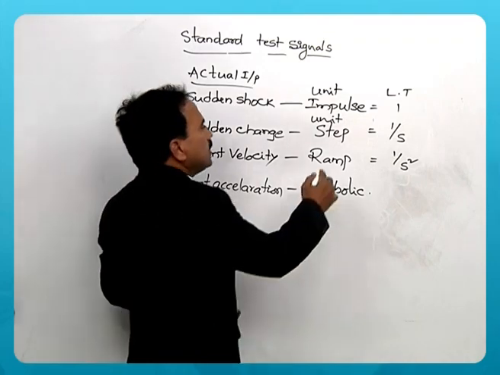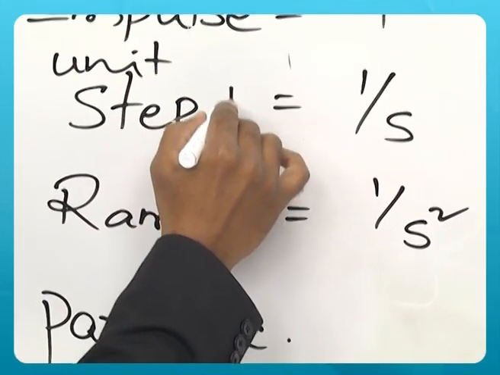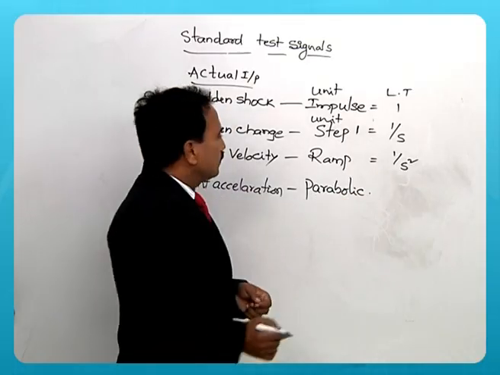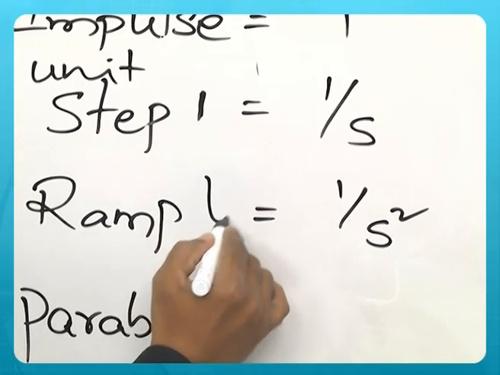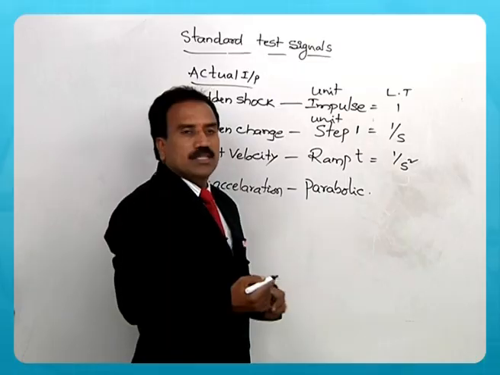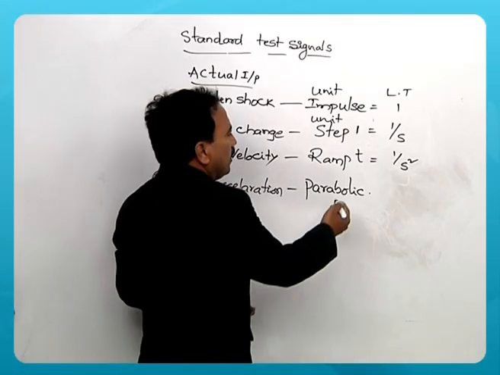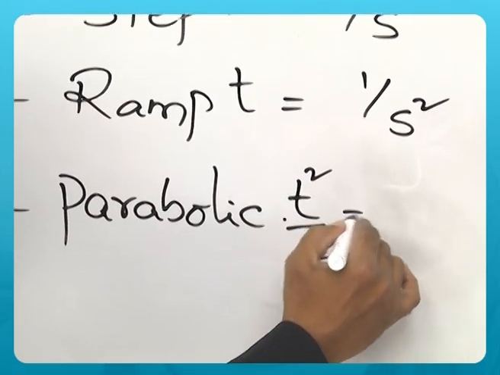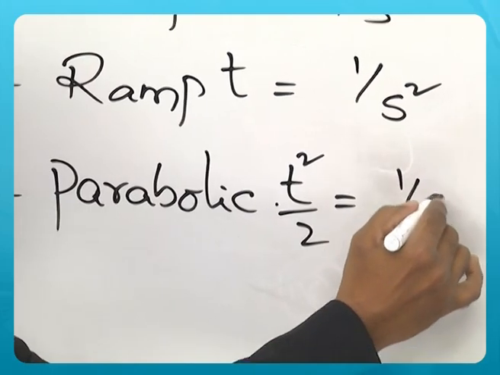So, a step signal, if it is a unit step, is 1, and the Laplace transform of 1 is 1 by s. If the ramp is t, then the Laplace transform of t is 1 by s square. If the parabolic signal is t square by 2, then its Laplace transform is 1 by s cube.